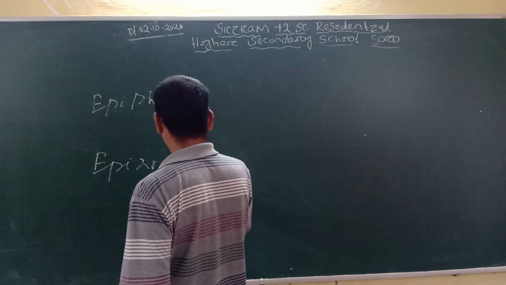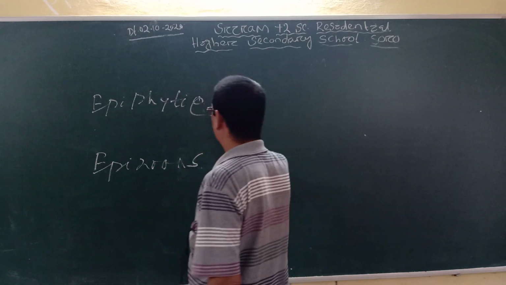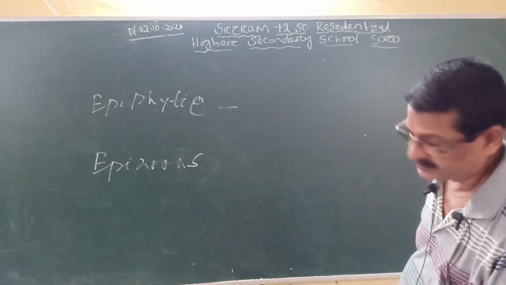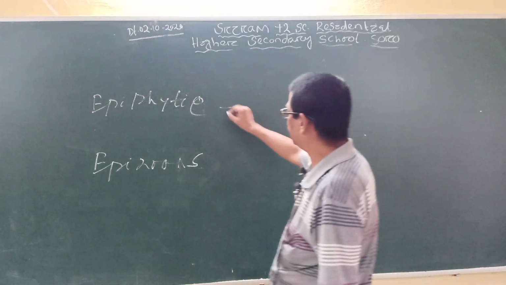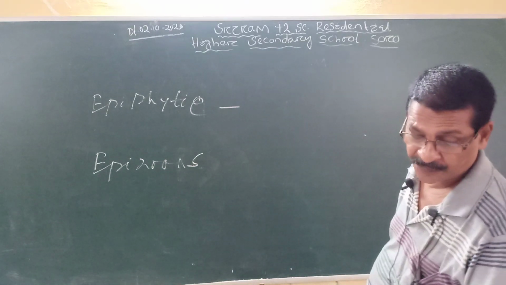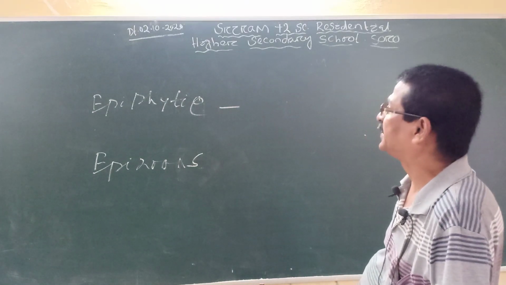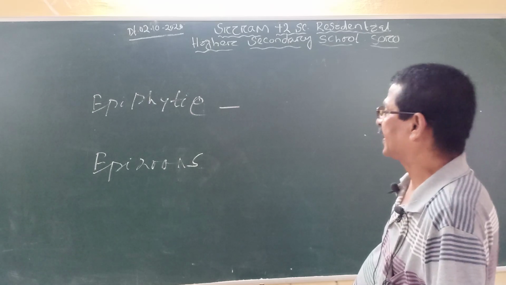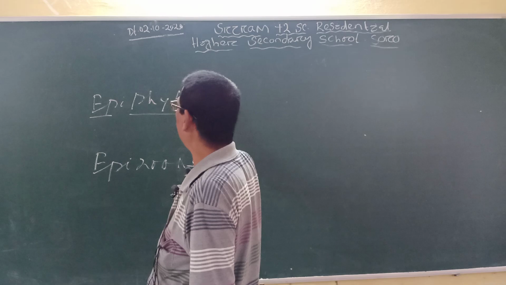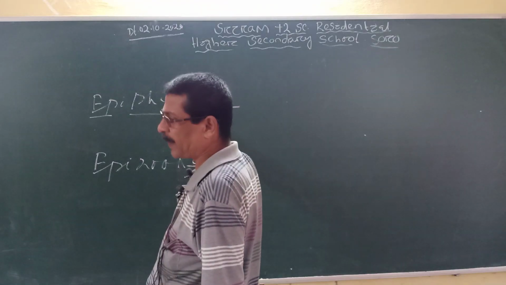Epiphytic animals are those animals which are attached to the upper surface of the plant or the tree. Epi means above, and phyte means plant. That is epiphytic.